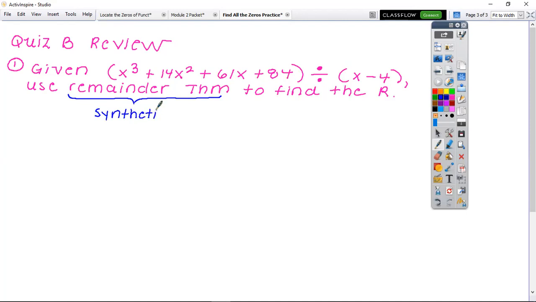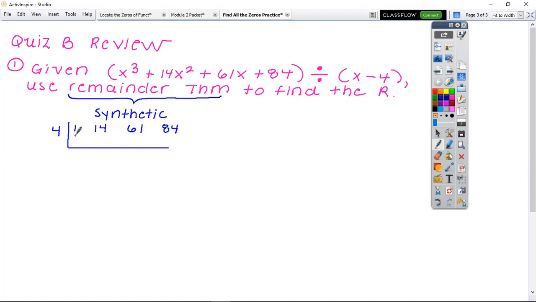So what do we need to do with the factor x minus 4? Switch the sign. Yep. Anytime you have a factor is when you switch the sign. Sometimes that does get confused. Okay, do we need any placeholders? No. So we're gonna go 1 and then 14 and then 61 and then 84.